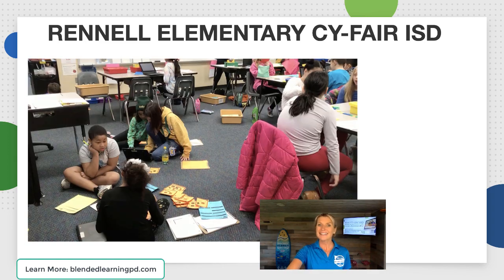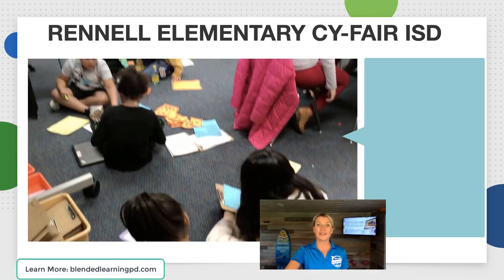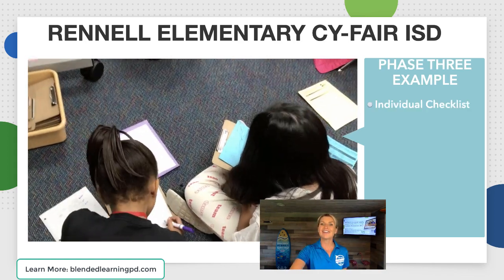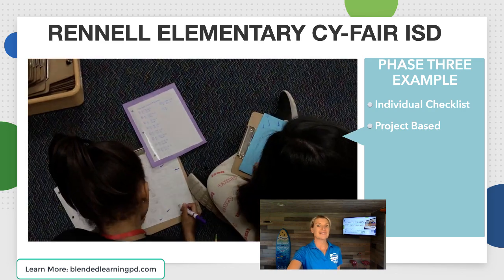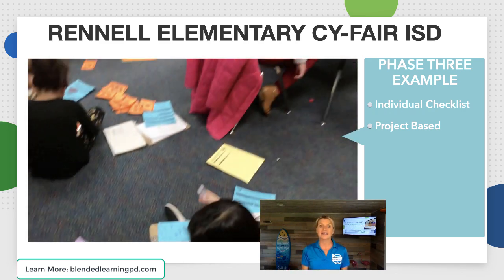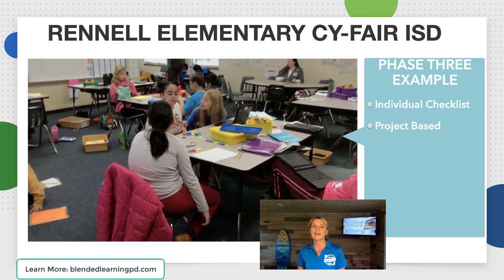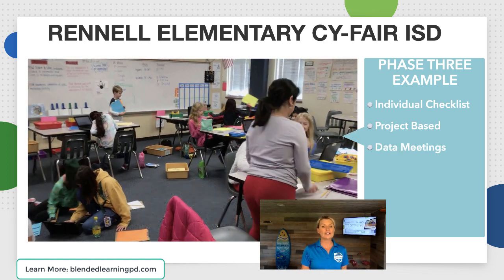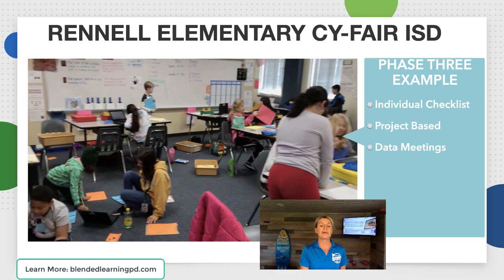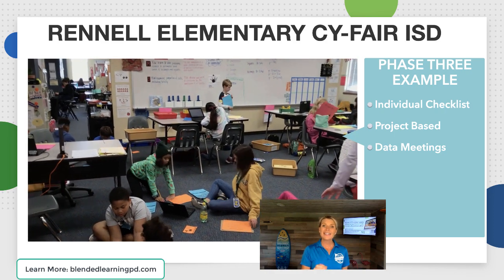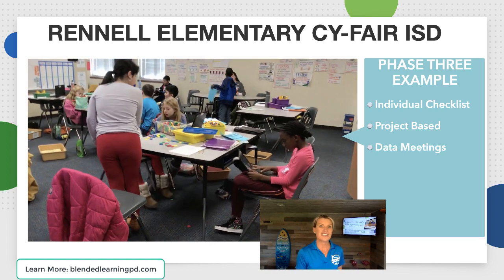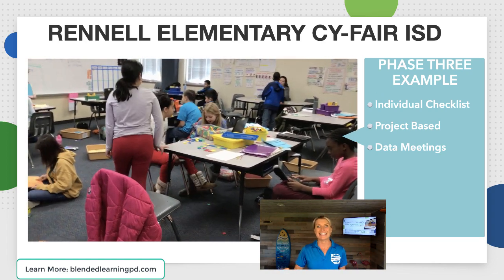All right, this video was taken right before the beginning of March. So this is what phase three looks like. In phase three, we still have individual checklists. There are projects going on. The kids are working on passion projects based on what they're interested in. And then they have data meetings. Yes, the teacher in this classroom is getting ready to pull back students based on the data they're getting from online content as well as from formative assessments and the mini lesson.